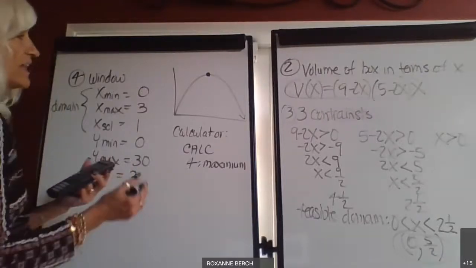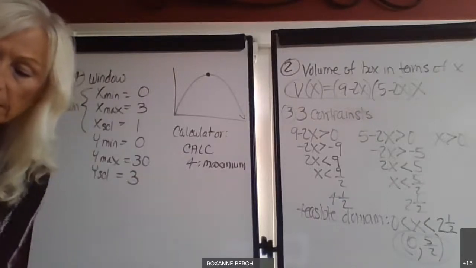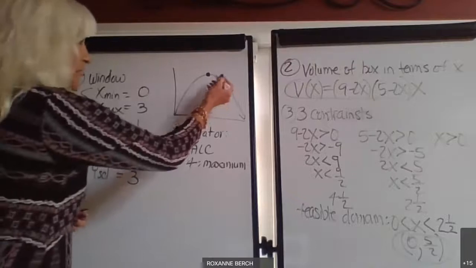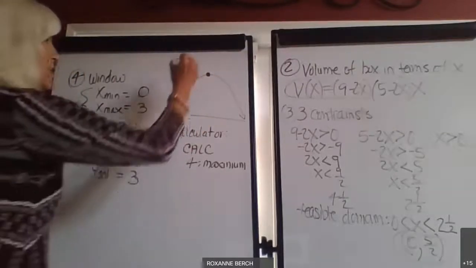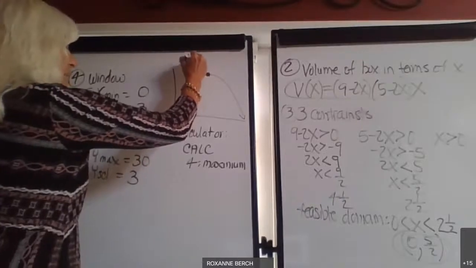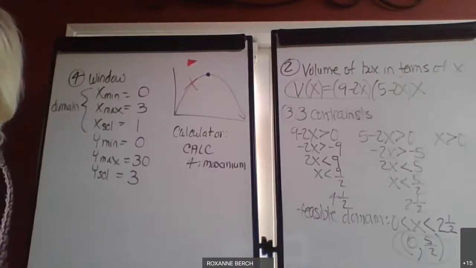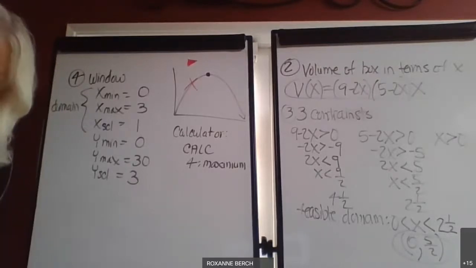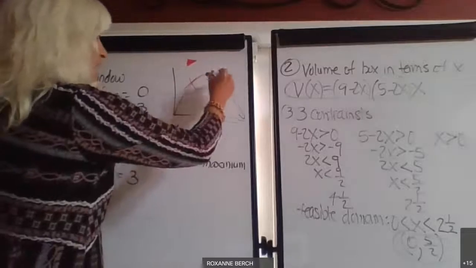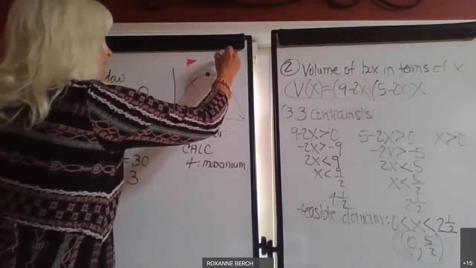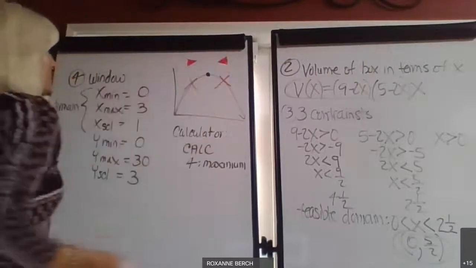It says on the calculator, left boundary. So you take the spider with your arrow and put the spider over here on the left and hit enter. When you hit enter, it's going to put an arrow. Then it's going to say right boundary. So you take your arrow key and put the spider here and hit enter, and see how it's honing in on the maximum.